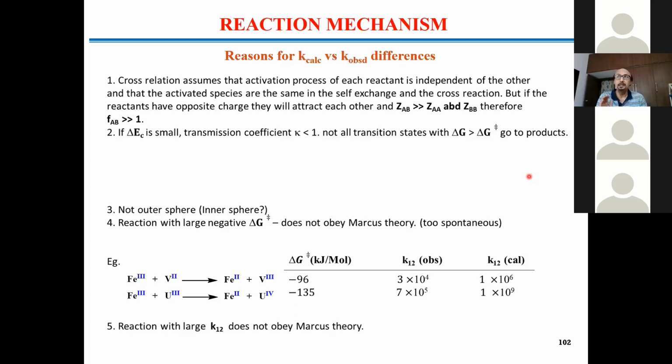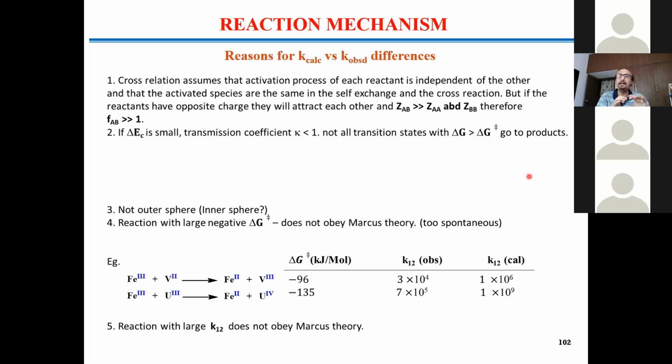So that means when we talk about inner sphere and outer sphere, we need to be extremely careful. There is a zone where you can say with 100% confidence that this is inner sphere, no question of any doubt. And there is another zone which you can consider in 100% sense to be outer sphere.